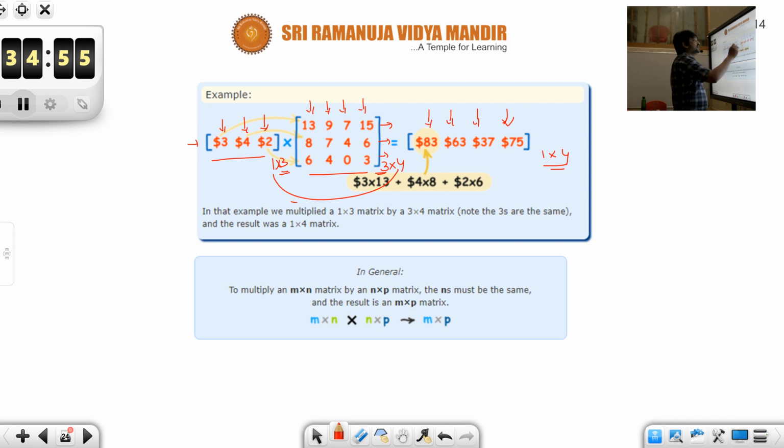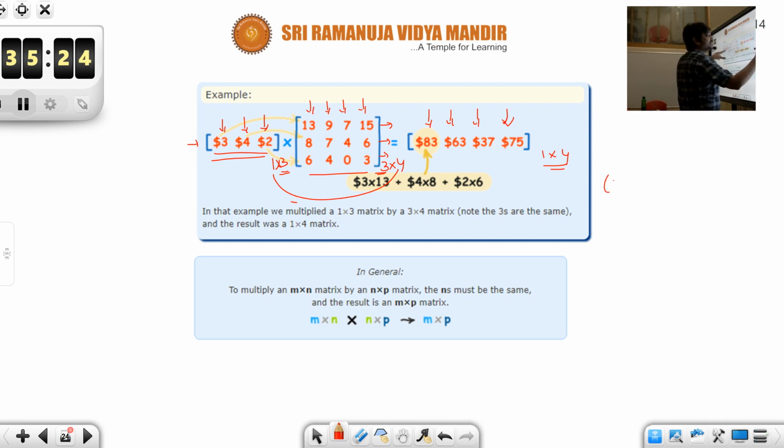Okay students, now how to get these elements? To get these elements, you need to perform the dot product between the rows of the first matrix and the columns of the second matrix. There is only one row in the first matrix, and there are 4 columns in the second matrix, right? So perform the dot product between the row of the first matrix and each column of the second matrix.